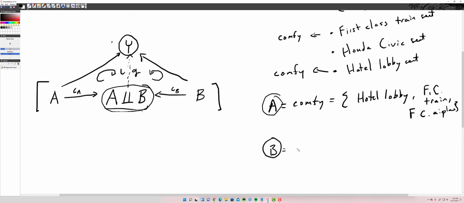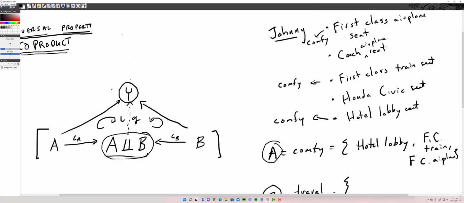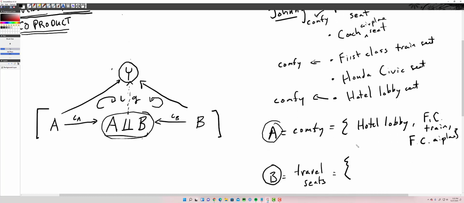We could also say seats in a car. Or even further, we could say traveling seats, right? Travel seats. This is such a stupid example. Okay? It's inspired actually by a much better example that was written in this book, Category Theory for the Sciences.